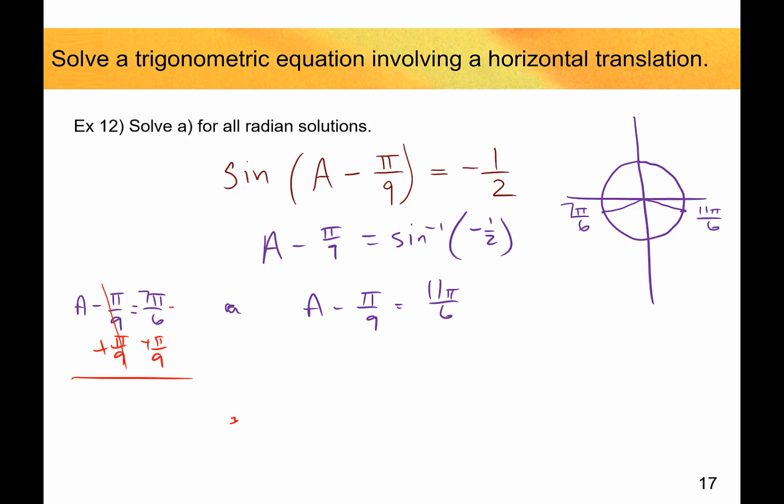So we're going to need a common denominator of 9 and 6. 18 would do it. So multiplying by 2 to make that happen, therefore 2 pi here, and multiplying by 3 here, 3 times 7 is 21 pi. And I get an answer of A is equal to 23 pi over 18.